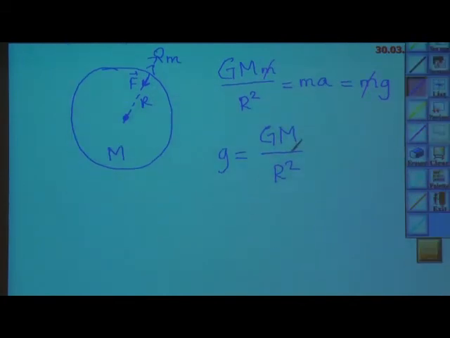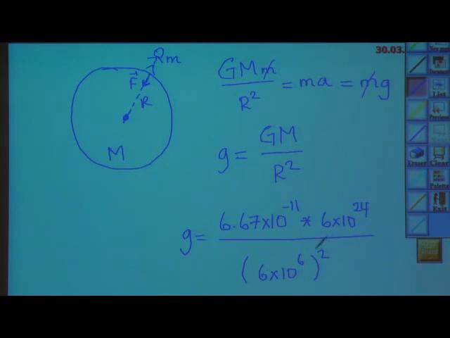And you can determine the value of it. It's not difficult to do. We know the universal gravitational constant. The mass of the Earth is about 6 times 10 to 24 kilograms, and the radius is about 6,000 kilometers, so it's 6 times 10 to the 6 meters, squared.